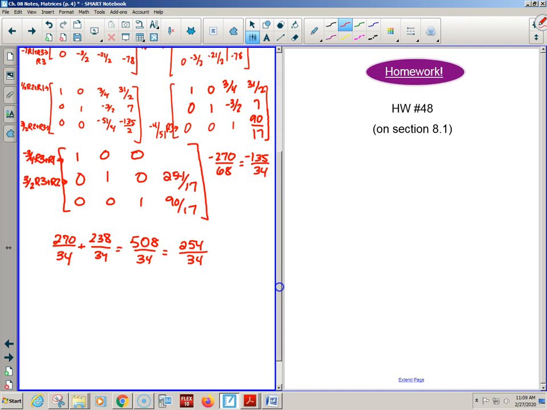And then this last one, we end up with negative 3/4 is negative 270 all over 68. I can divide both by 2. I think I did that correctly. Adding 31 over 2, which I need to get a common denominator. 31 over 2 times 17 over 17. Maybe I wasn't so far off.